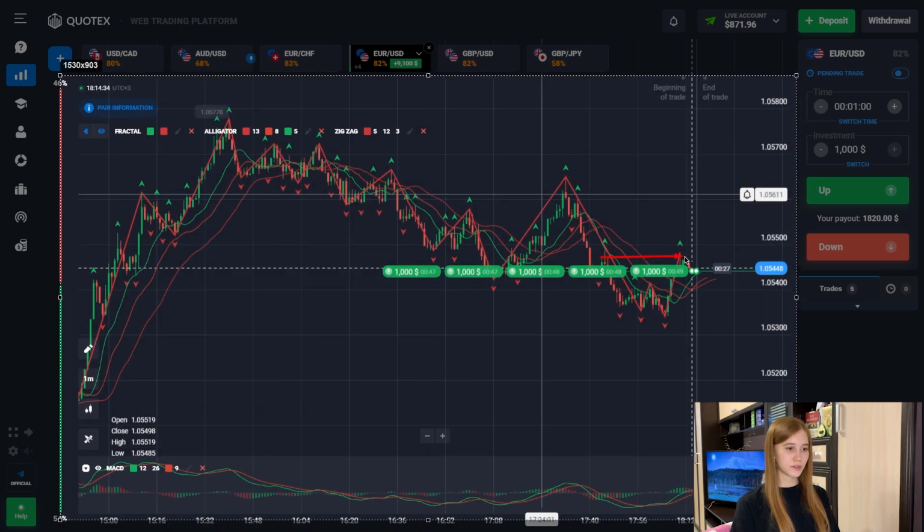Here we can observe the level of support from which the price can bounce up and continue its uptrend. We have a trend going up.